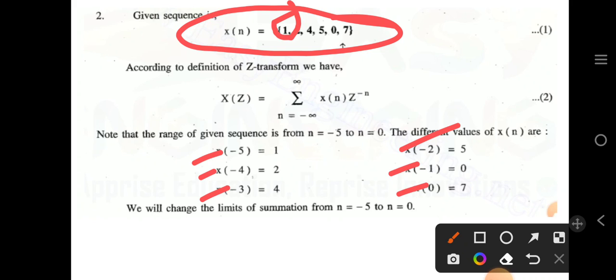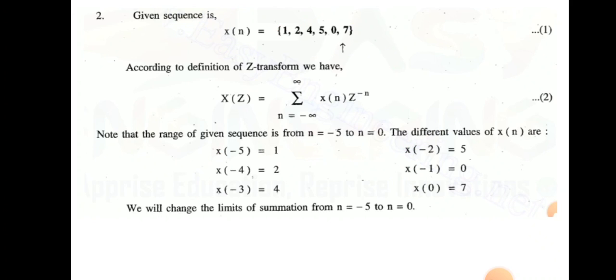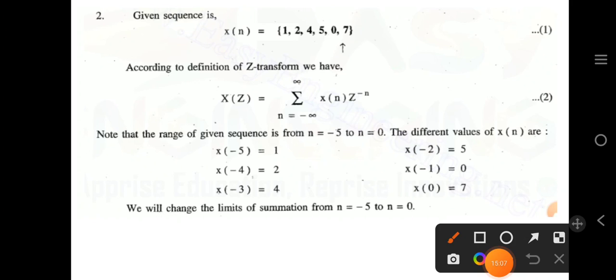So at n equals minus 5, what is the value? It is 0. At n equals minus 4, the value is 2. Then n equals minus 3, the value is 4. Then n equals minus 2, the value is 5. At n equals minus 1, the value is 0. And at n equals 0, the value is 7. Okay, now we got all the values of x of n.